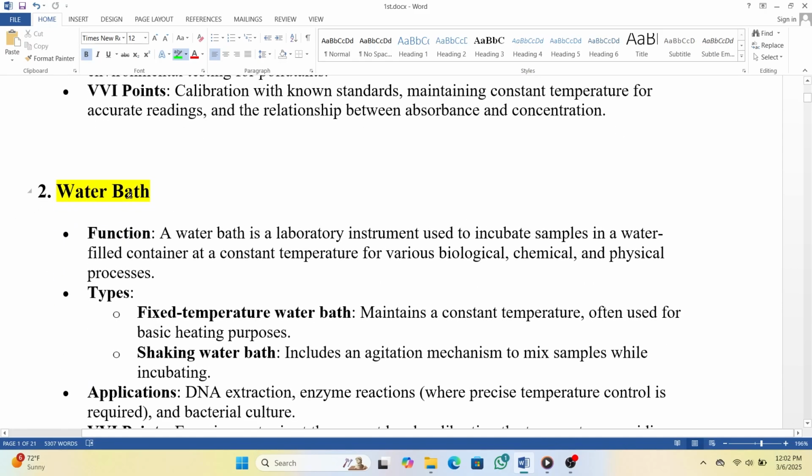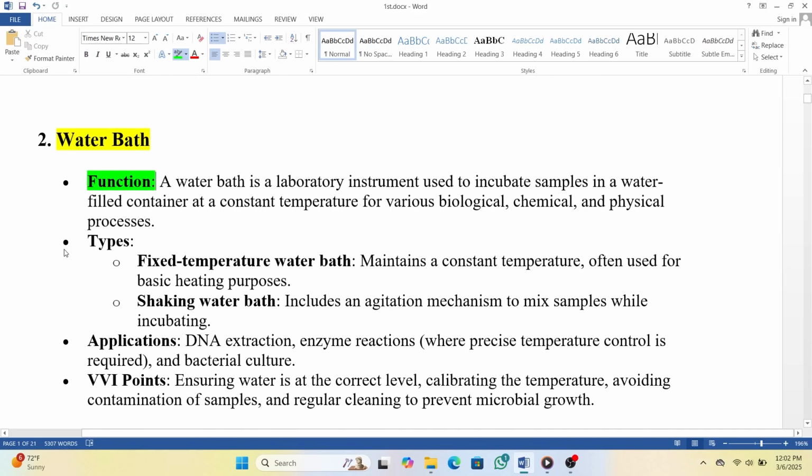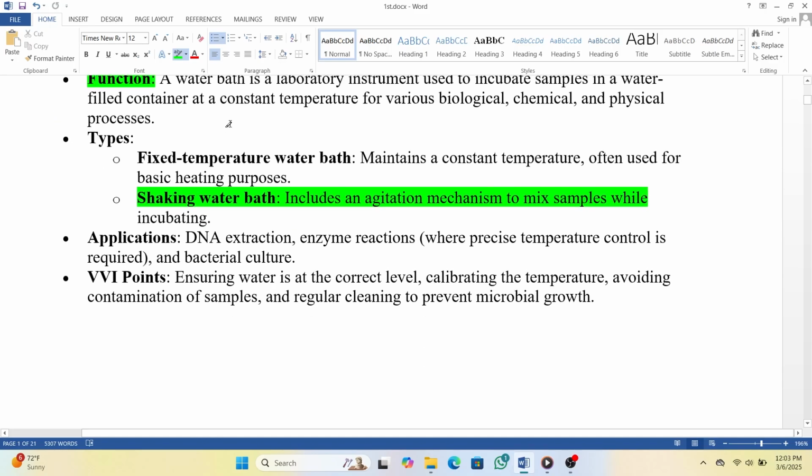2. Water bath. Function. A water bath is a laboratory instrument used to incubate samples in a water-filled container at a constant temperature for various biological, chemical, and physical processes. Types. Fixed temperature water bath, maintains a constant temperature, often used for basic heating purposes.